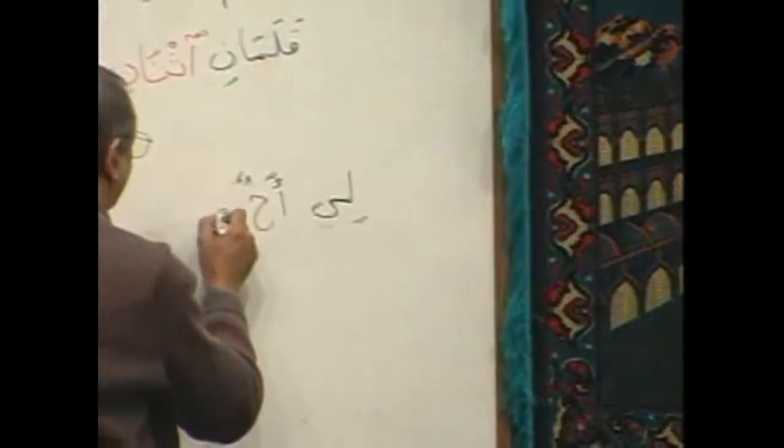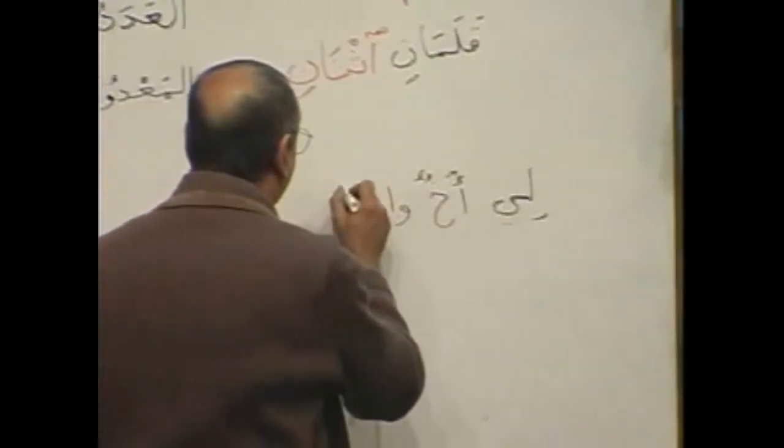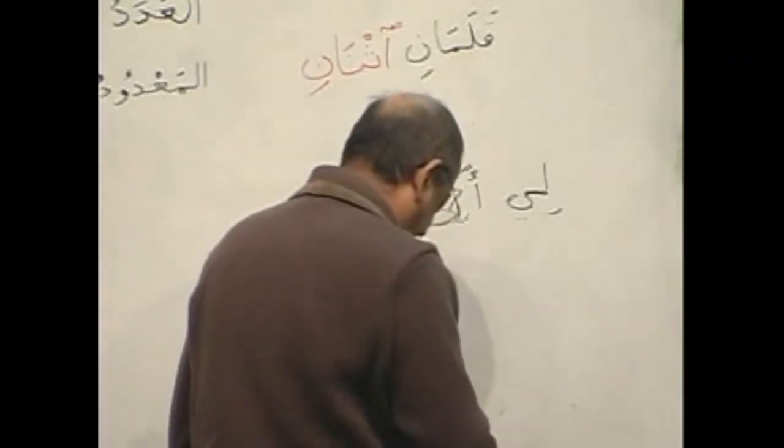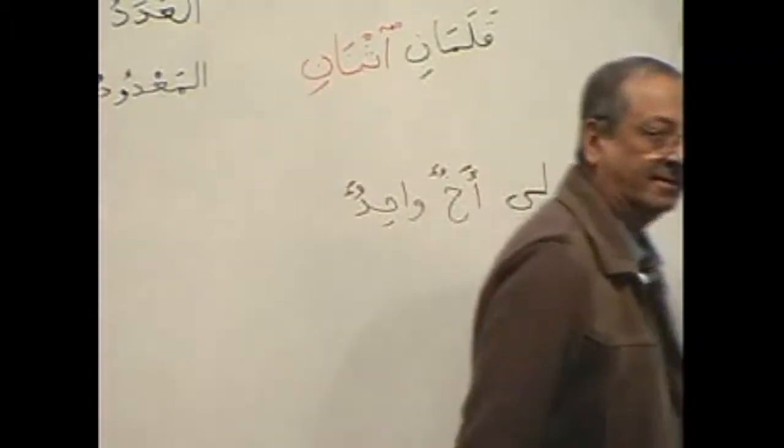I asked Brother Salman this question. What is li? Jar majrur, shibu jumla khabar. What is akhun? Mubtada. And then what is wahidun? A 'not'. Remember, number 1 and number 2 will always come as a 'not'. Only 1 and 2.